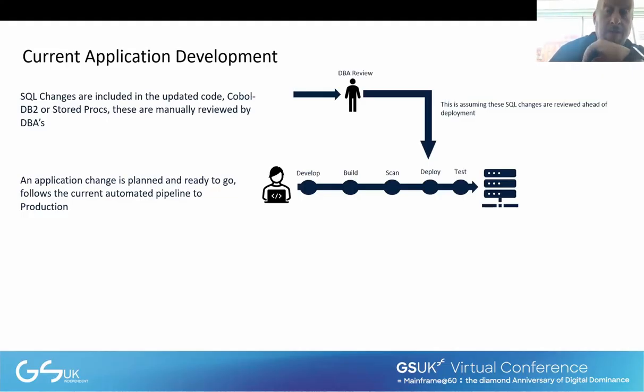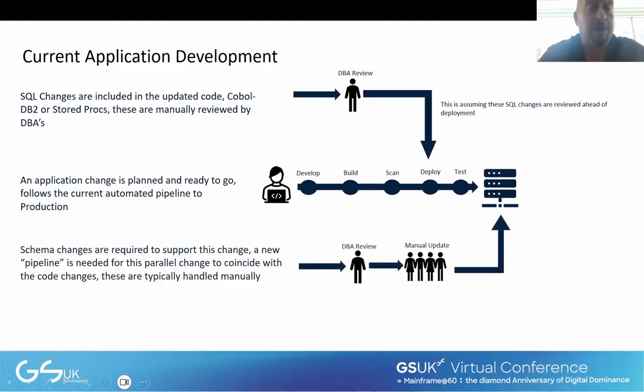Now let's add in a schema change. That is an even more onerous process. I have to change my schema. I have to add a column to a table. I have to add a table into my general DB schema, whatever that may be.